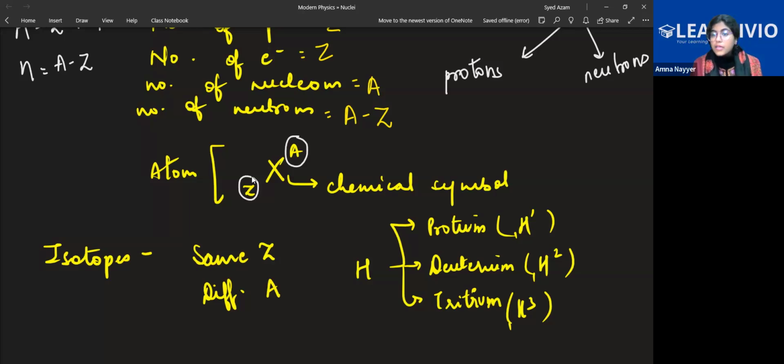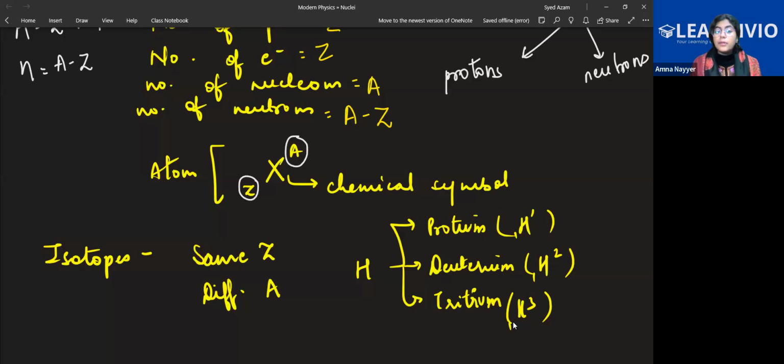Isotopes have the same atomic number, but their mass numbers are different. For example, the isotopes of hydrogen are protium, deuterium, and tritium. You must have studied this in your chemistry also. Their atomic number is 1 for all, because hydrogen holds the first place in the periodic table, so this remains as it is.